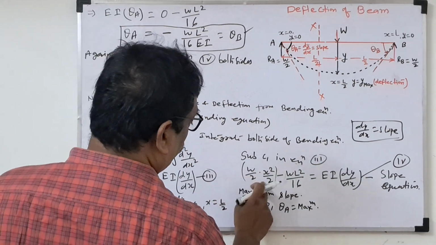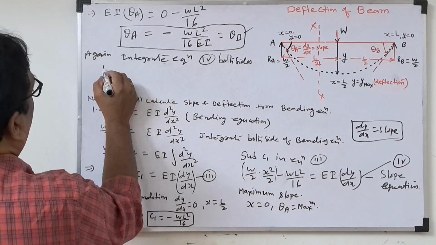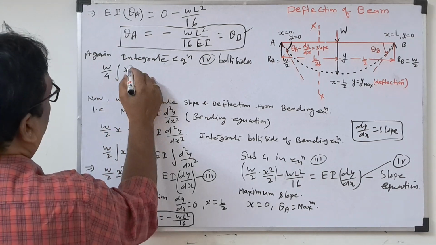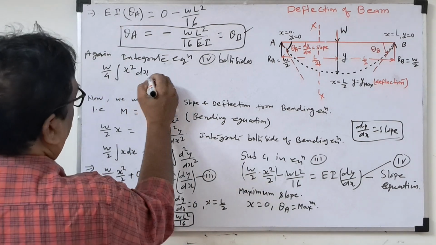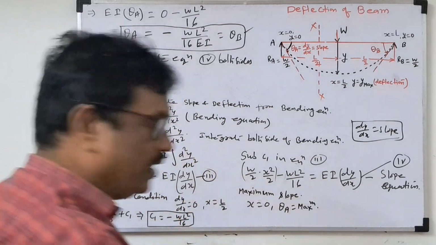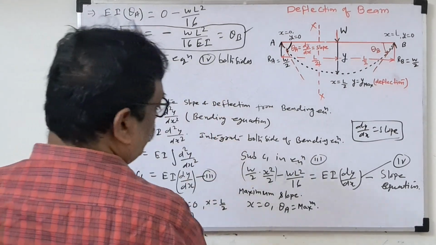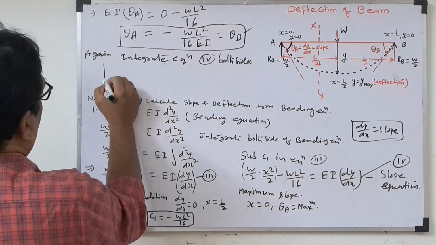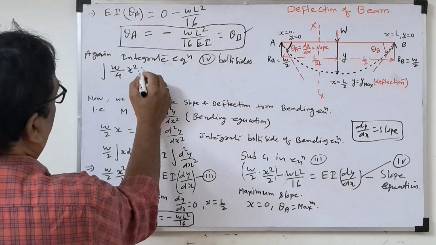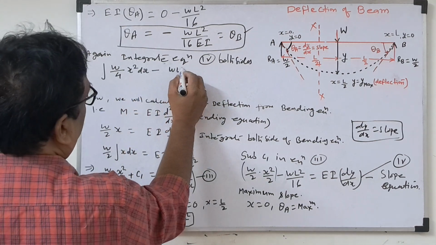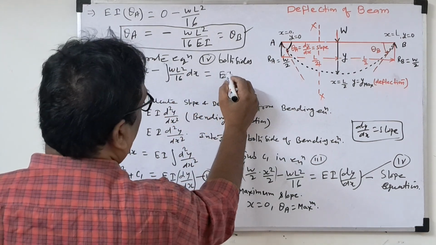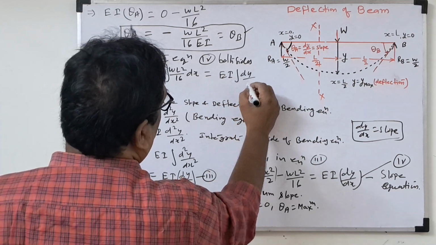W by 4, you take outside, integration of x square dx, minus WL square by 16 dx, equal to EI dy by dx. I wrote this first. Now we will integrate this.